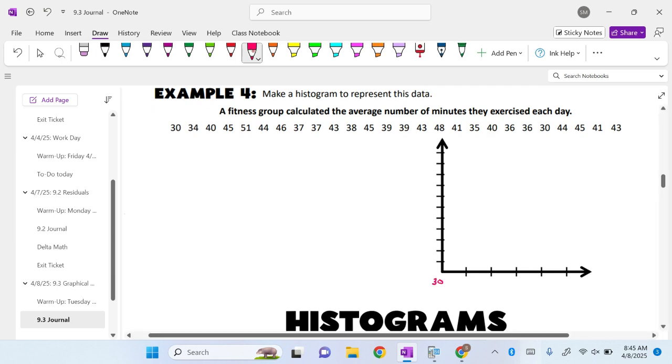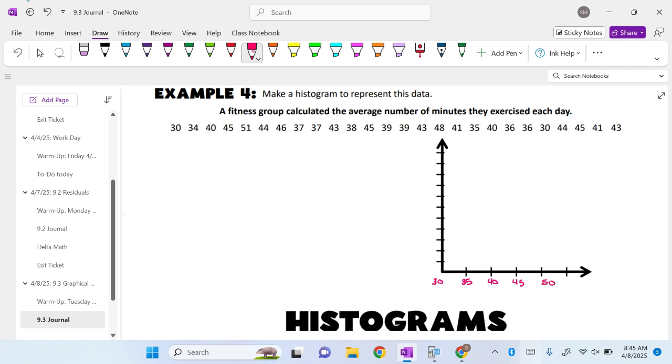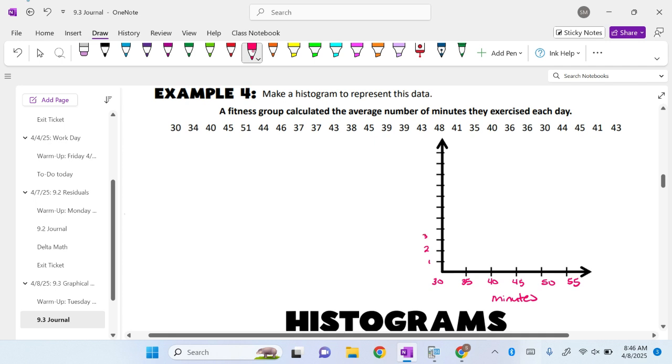So 30, 35, 40, 45, 50, and 55. All right? Use that knowledge and go from there. So I'll give you a couple minutes. Try it on your own. So make a frequency table first, then plot it on your histogram.